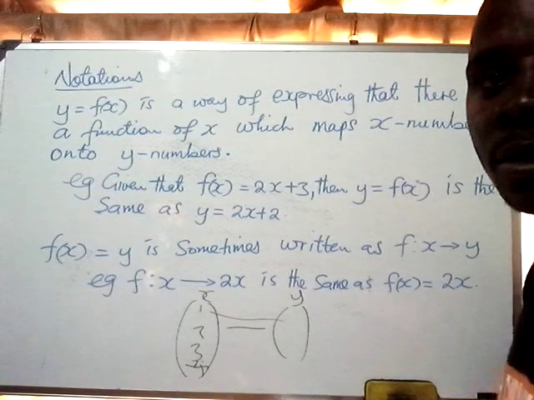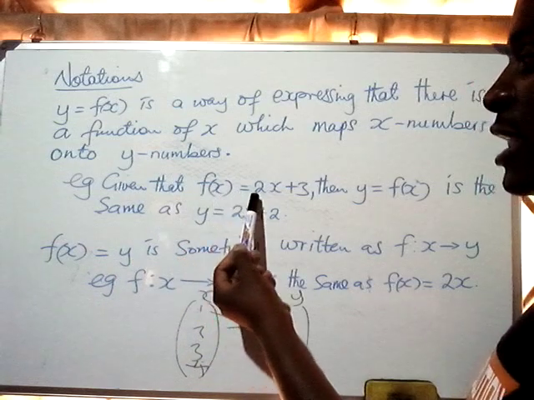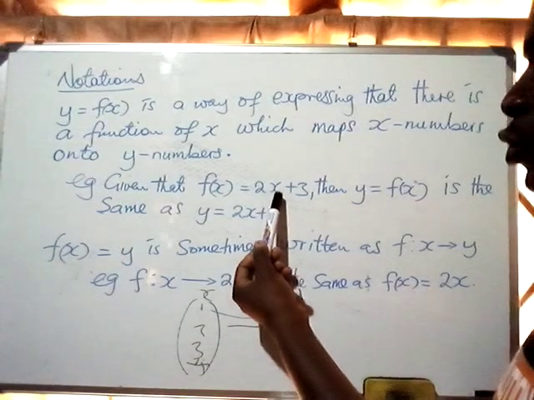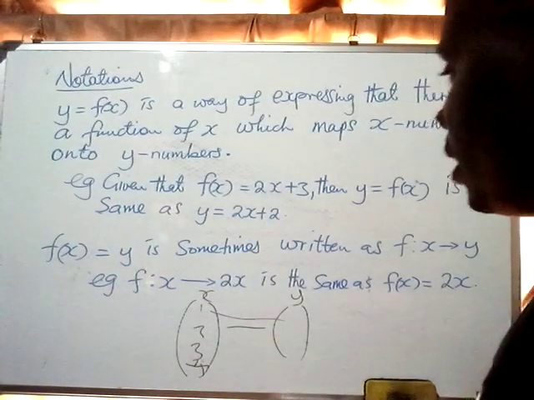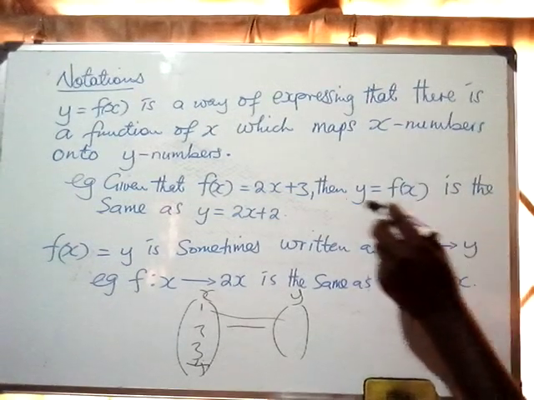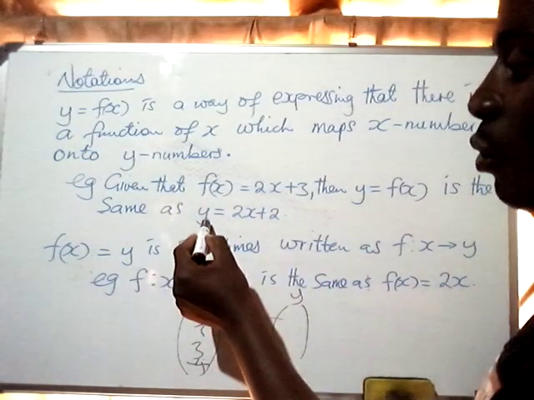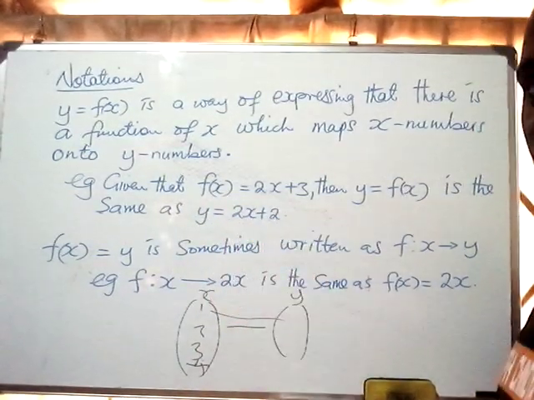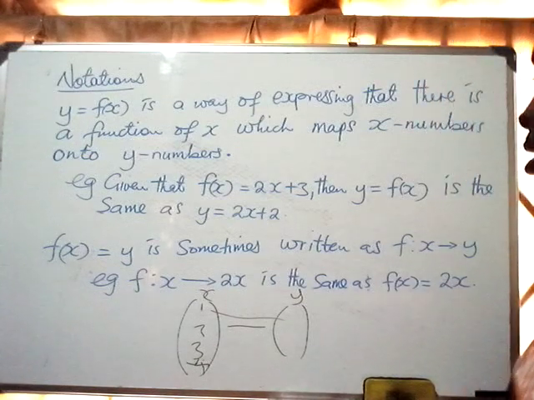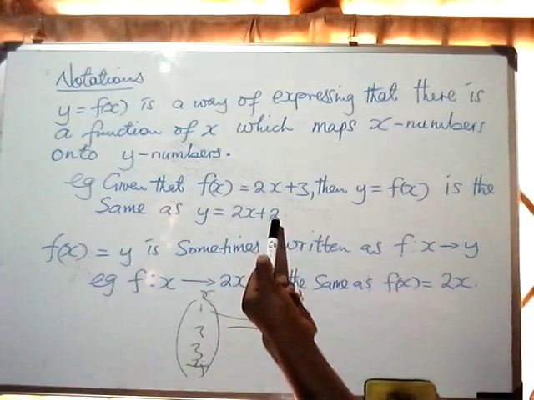We have an example. Given that f of x is equal to 2x plus 3, then y is equal to f of x, which is the same as y is equal to 2x plus 3.